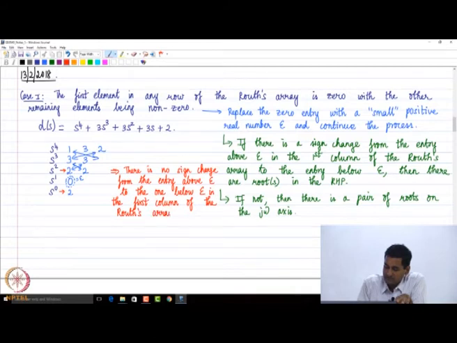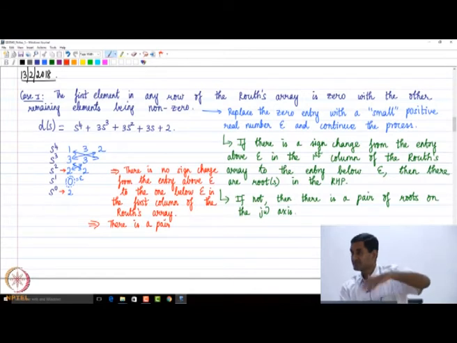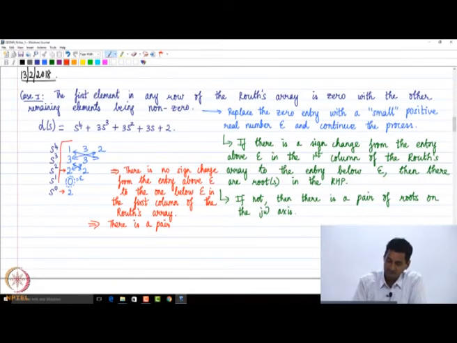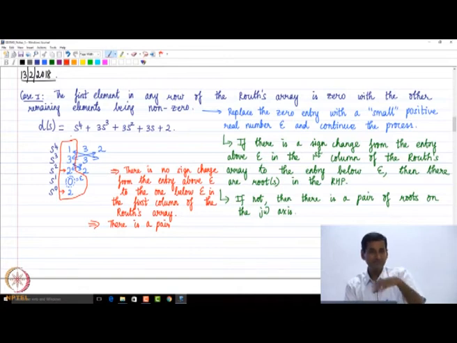So, what does this imply? This implies that there is a pair of roots. Of course, there are no other sign changes also, right? If you look at the first column of the Routh's array, there are no further sign changes. There is only one 0 entry, which we have addressed by replacing it with epsilon and continuing the calculation.